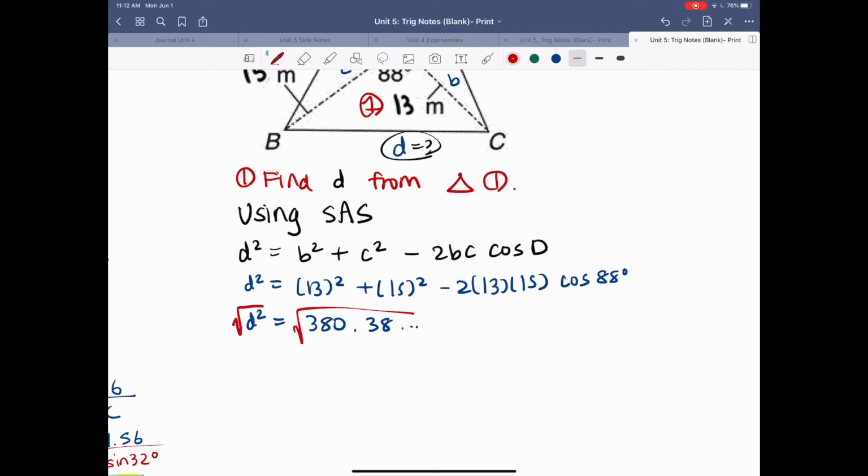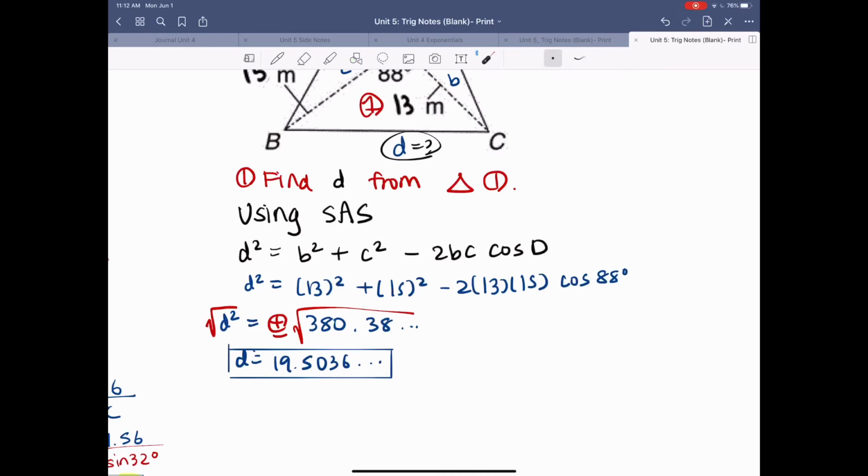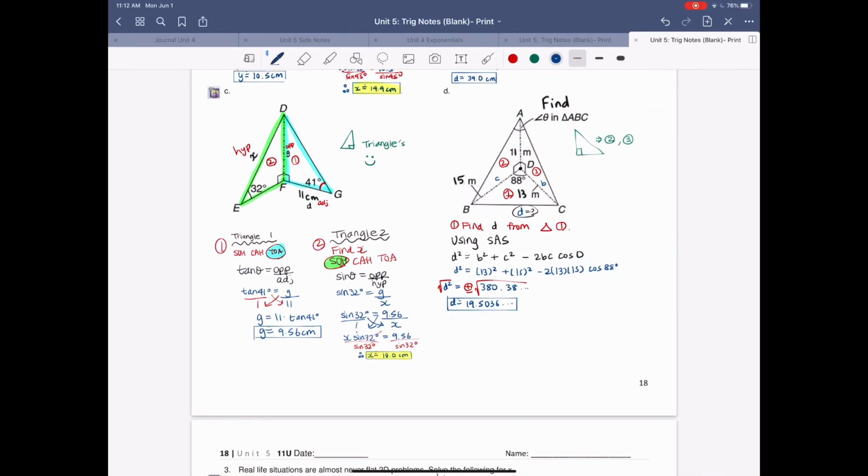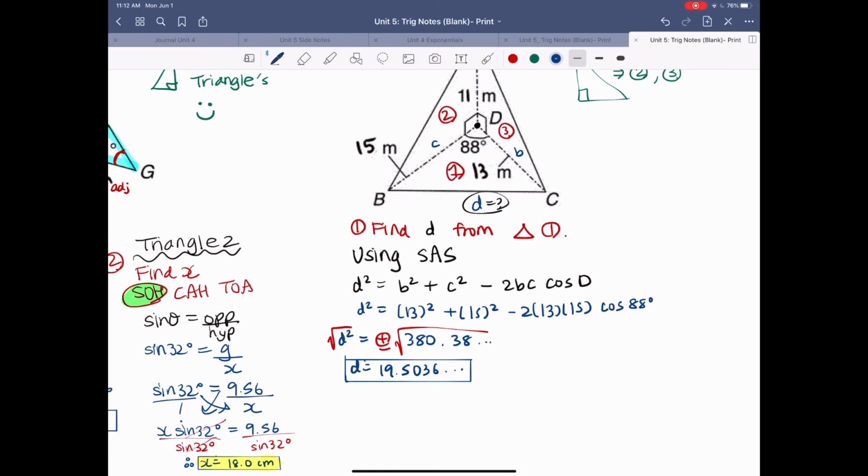Because I'm dealing with side lengths, I only have the positive one to grab. D is approximately 19.5036 dot dot dot. Remember, my side length D is not what I want as my final answer, and that's why I try to keep the exact version in my calculator. So that is my first step, finding my D.